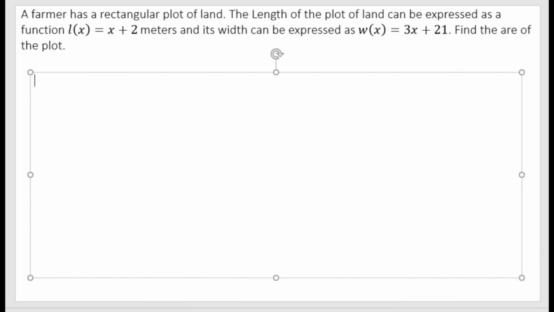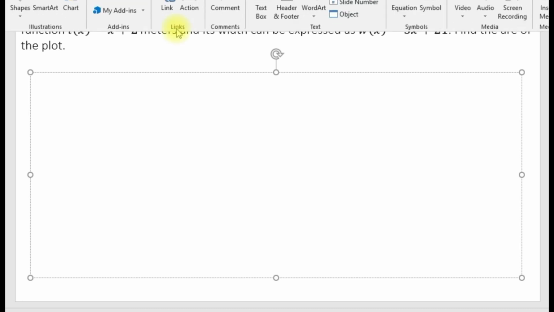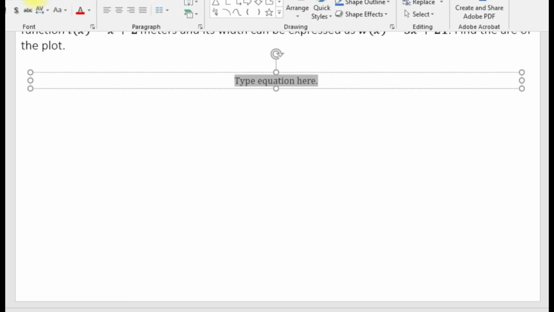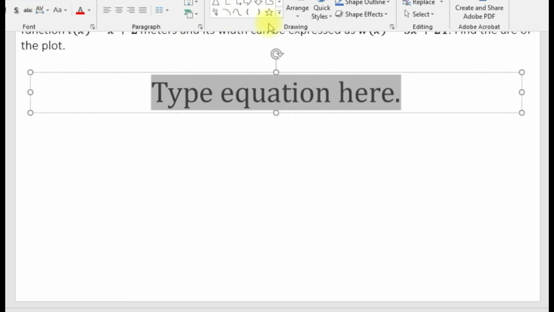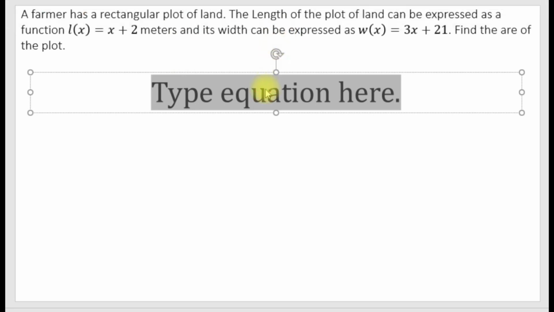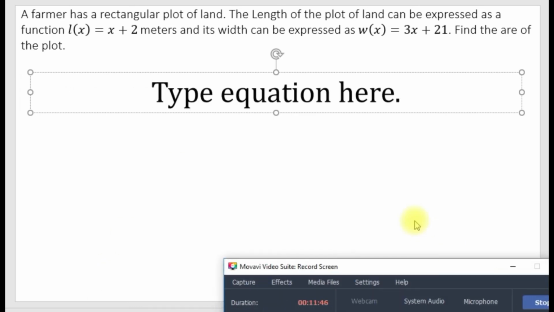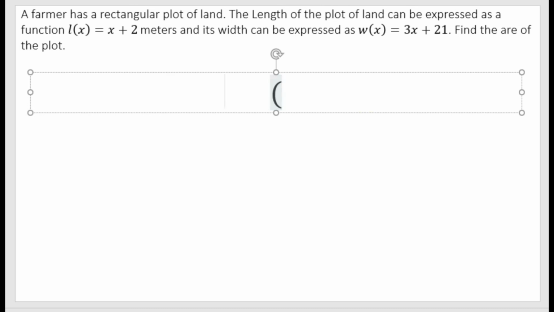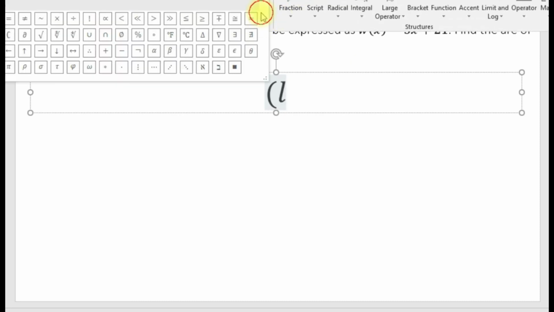Once again, we're going to insert our working equation. So that is L dot W of x.